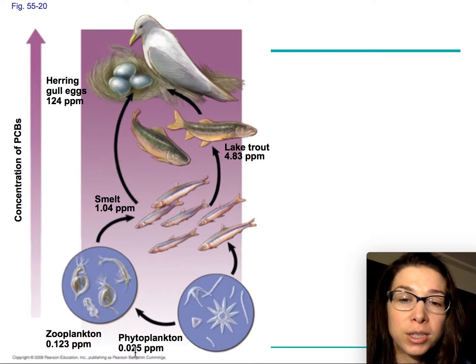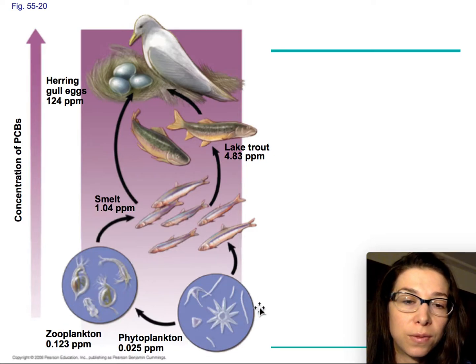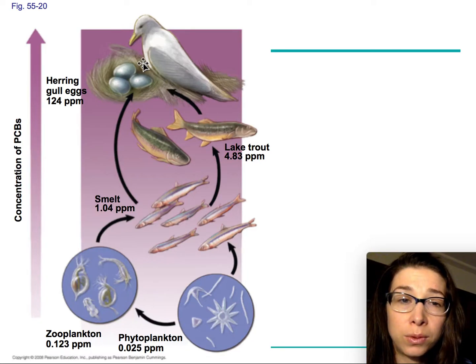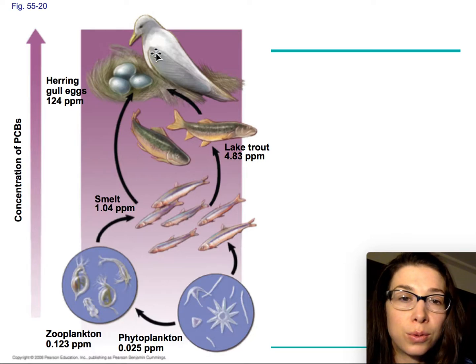So if we're looking at parts per million of PCBs, we can see that in phytoplankton, the PCB concentration is about 0.025, and then zooplankton, which eat the phytoplankton, it's about 5 times higher, and then in the small fish, it's about 10 times higher than that, and then that's 5 times higher over that, and then once we reach the top of the food chain, it's now almost 25 times higher or more. So now we've gone from 0.025 parts per million to 124 parts per million. So that is a really big increase.